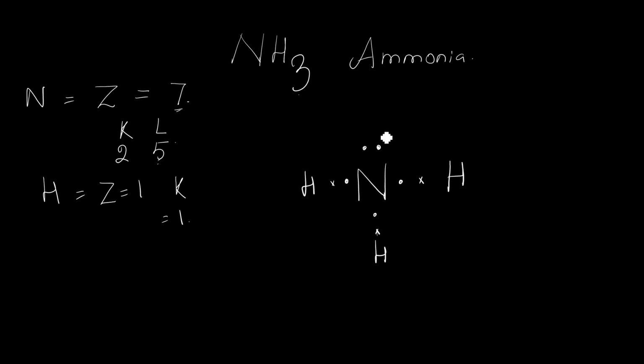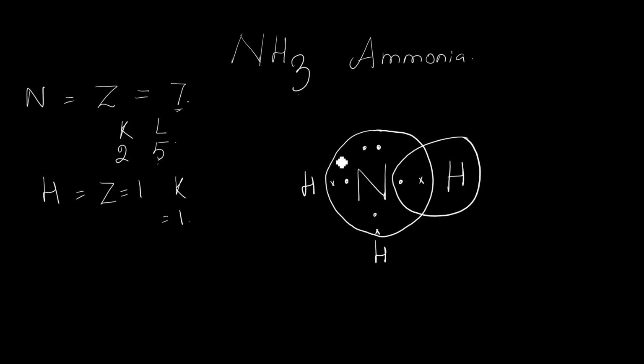So now see how bonds are formed. So encircle all the electrons here. This is how you have to make the Lewis dot structure or electron dot structure. This is for the hydrogen, and again this is for nitrogen and hydrogen. So this is the electron dot structure for the ammonia. So this is the bond formation.